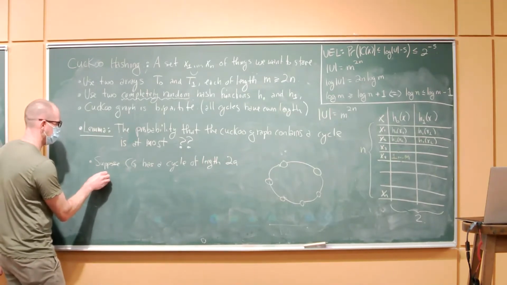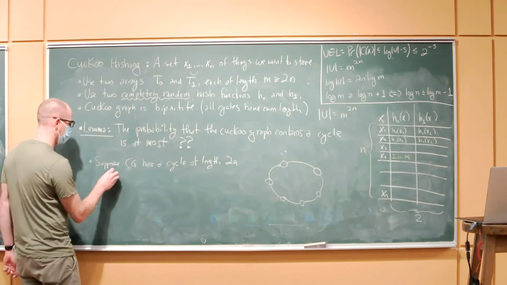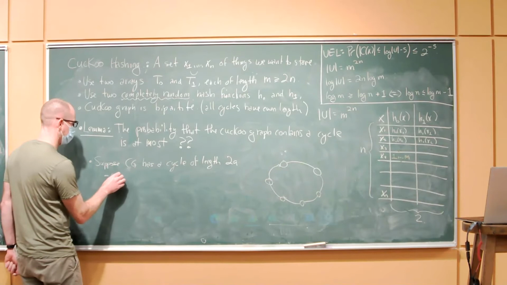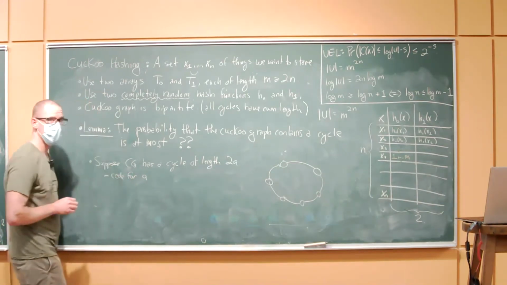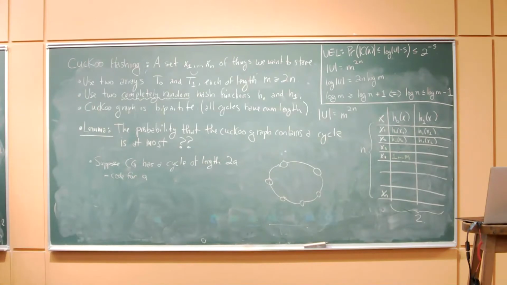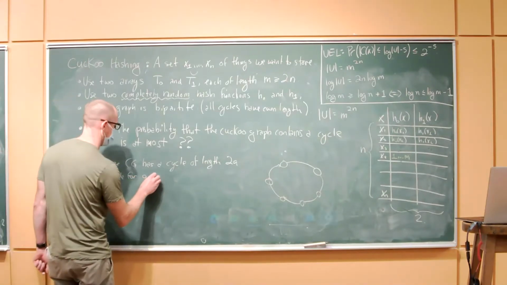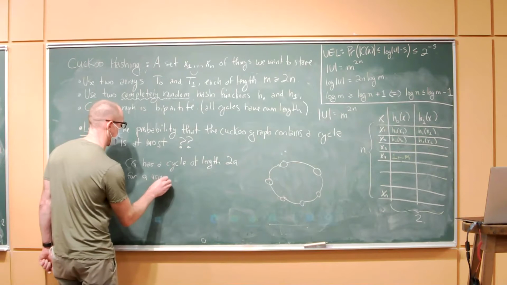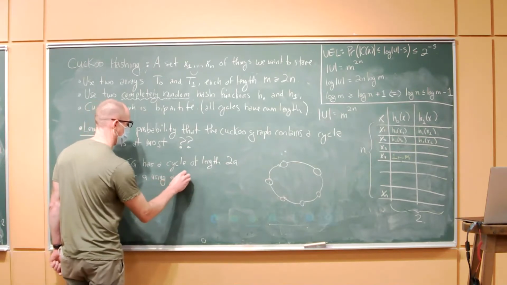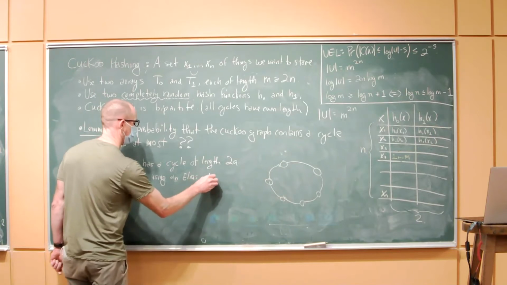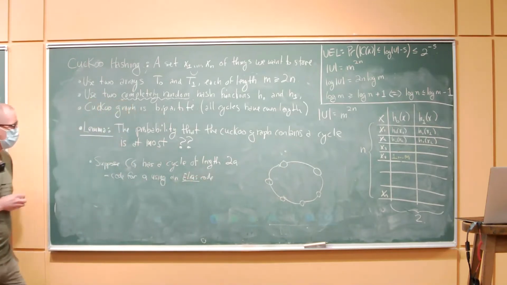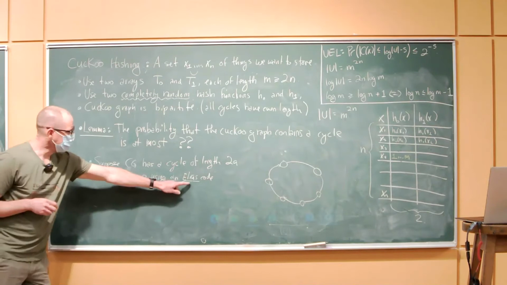The first thing I'm going to do is write down the code for a, the length of the cycle. And using something we've seen before, this alias code. What's the alias code?